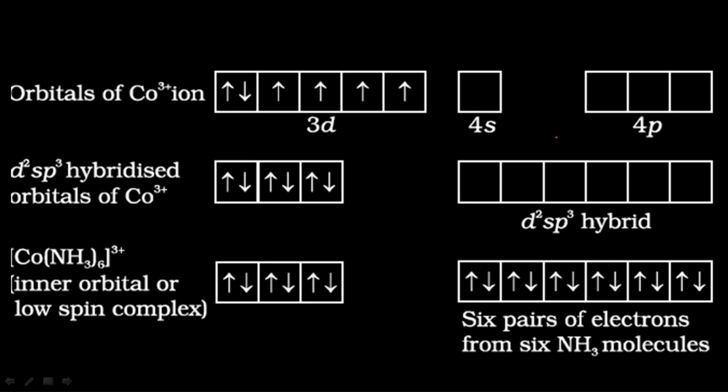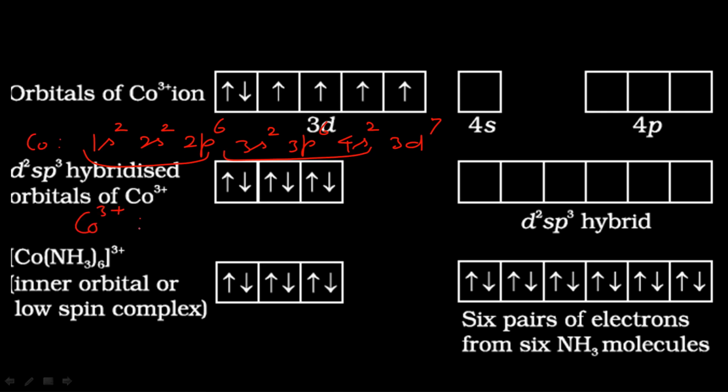The configuration of cobalt is 1s2, 2s2, 2p6, 3s2, 3p6, 4s2, 3d7. Now for Co3+, the 4s2 will go away, and then 1 electron from 3d will go away. So the outermost electronic configuration will be just 3d6.